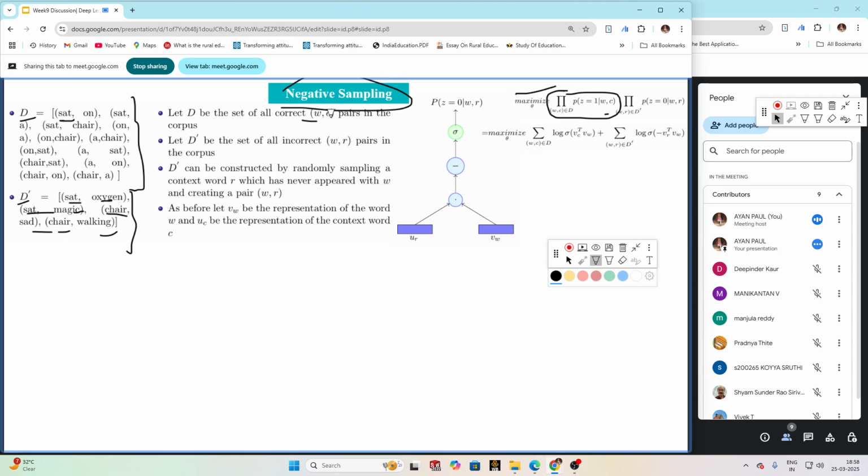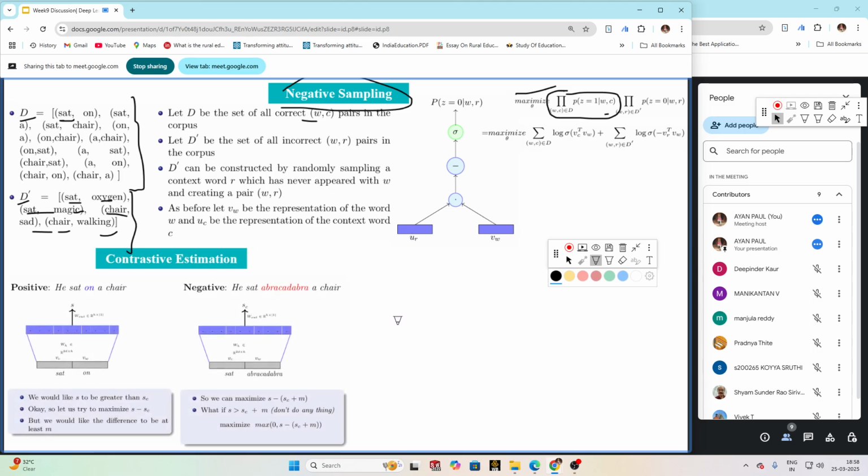What is the next trick? The next trick is known as contrastive estimation. Again, it is the same type of thing. Contrast is something opposite, right? Earlier we had this positive statement, he sat on a chair. Now we introduce a negative statement, he sat abracadabra on a chair. We know this on is correct and this abracadabra is false.